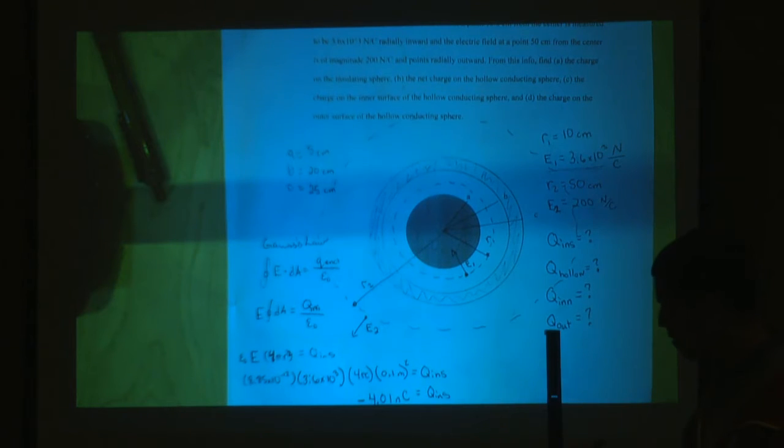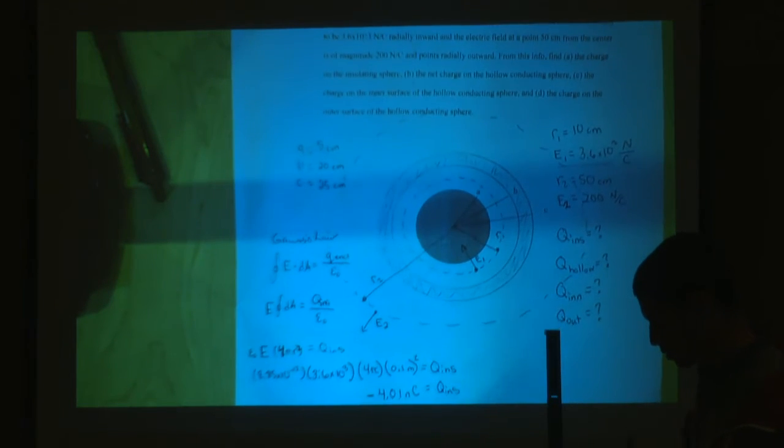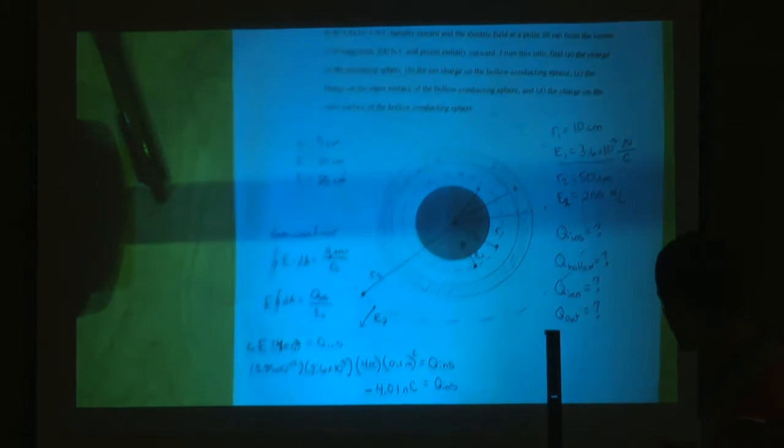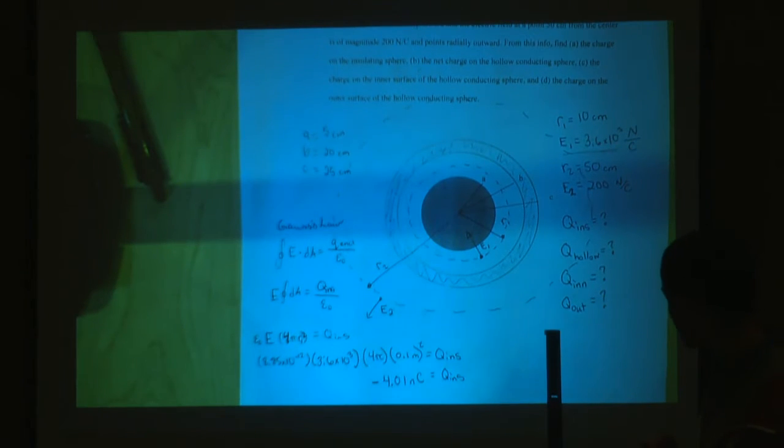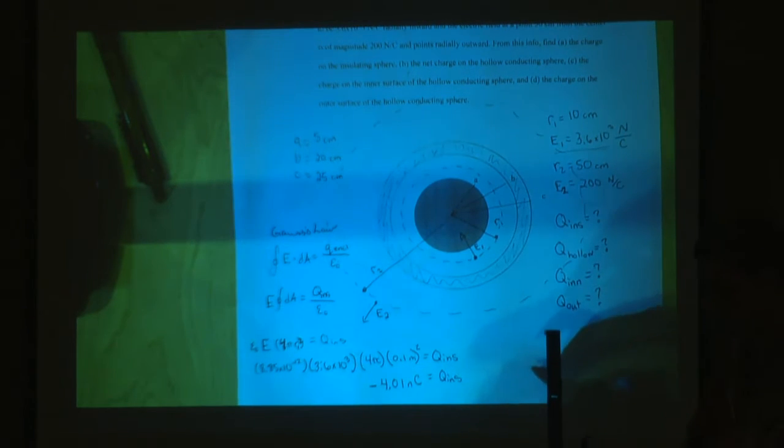Okay, but now we have a radius of R2. And actually let me put the little sub 1 there from our previous problem. We have the same thing, right? We'll have the closed integral of E dot dA equals Q enclosed over epsilon naught. But we'll see that our Q enclosed is different, okay?